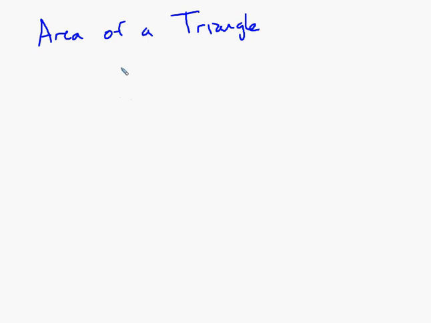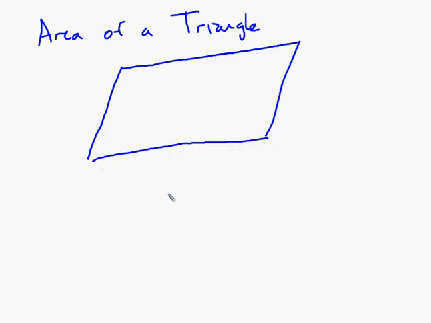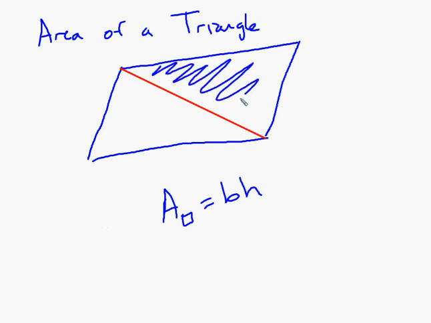You don't need to write down this reasoning, but I want you to understand where we get this. Every single area formula comes from a parallelogram. All of them, including circles. So, what's the area of this? Base times height. Now, if I wanted to make a triangle, do you agree that I've cut that in half and have formed a triangle right here?